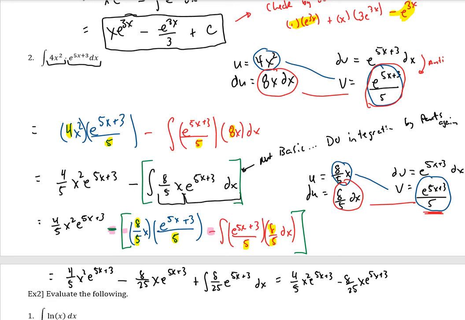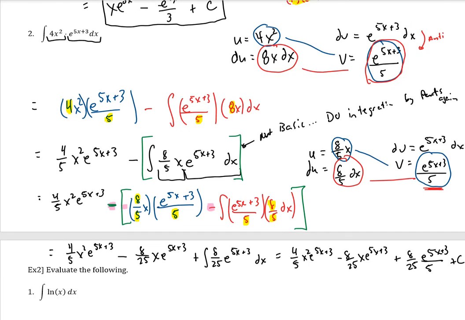And then we have plus, okay, we could do this antiderivative now. 8/25 is just hanging out. Copy and paste the e expression, so e to the 5x plus 3. And then, again, divide by the constant multiplier on the x, so over 5. And then now that there's no more integral symbols, it would be a plus c at the end. Okay, and so that is our answer.